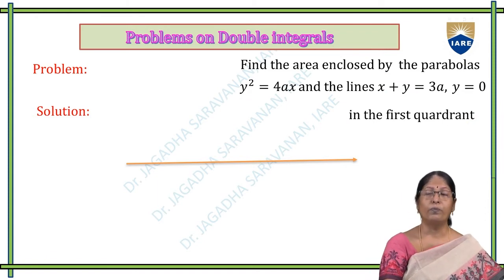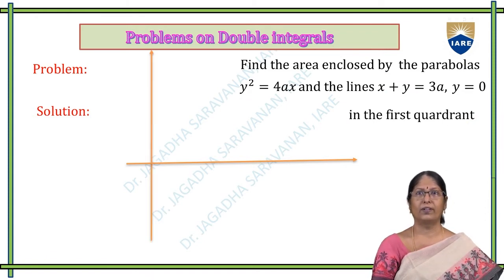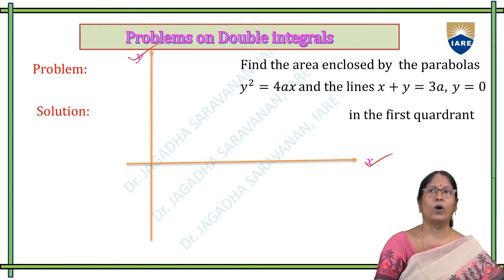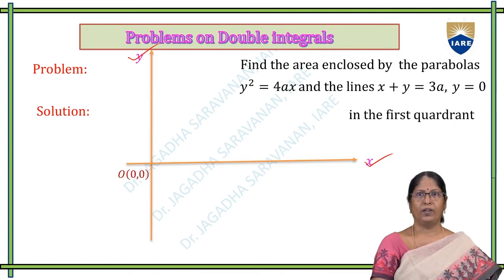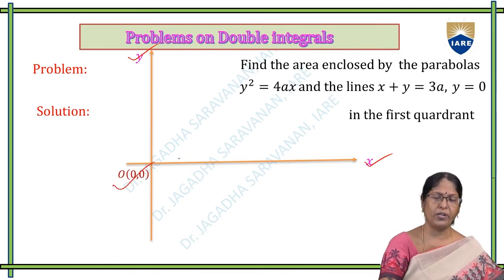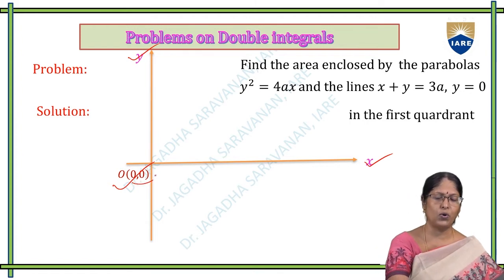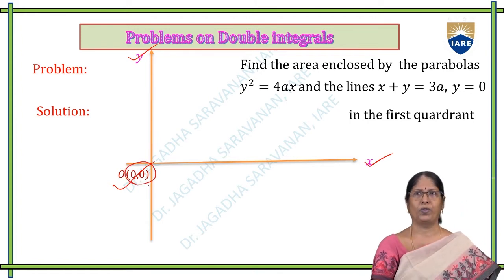So now we draw the x-axis, the horizontal line, and the y-axis, the vertical line. The origin we name as O, with coordinates 0, 0.